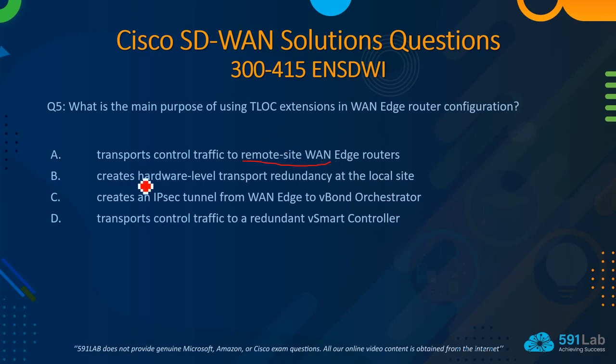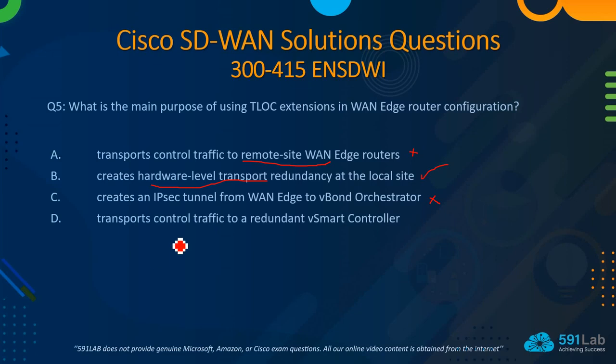Create hardware level transport redundancy at the local site. Yes, this is the local site, and we are extending at hardware level by extending the interface, so this is correct. Create an IPsec tunnel from WAN edge to vBond orchestrator. It's not related at all to the vBond, so this is not correct.